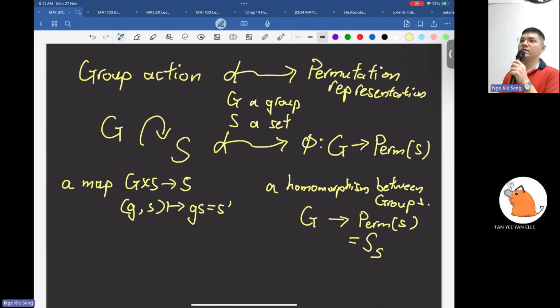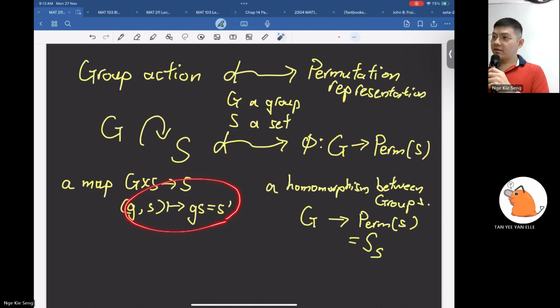You produce me another X. In other words, where's the mapping? Yes, this is the mapping, correct? Here is a map from a product set to a set.